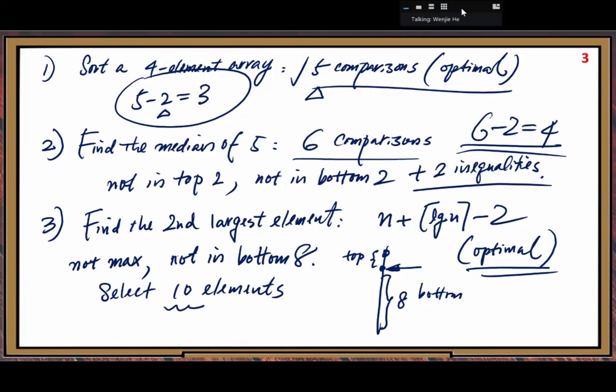So you plug in: 10 plus ceiling of log base 2 of 10, minus 2. The ceiling is 4, because log is greater than 3 point something. So it equals 12. But I noticed many students didn't apply this formula and gave me a number much greater than 12. 12 is the best solution. Some students gave me a very large number.